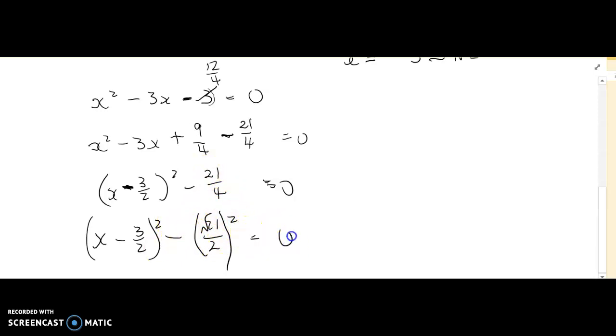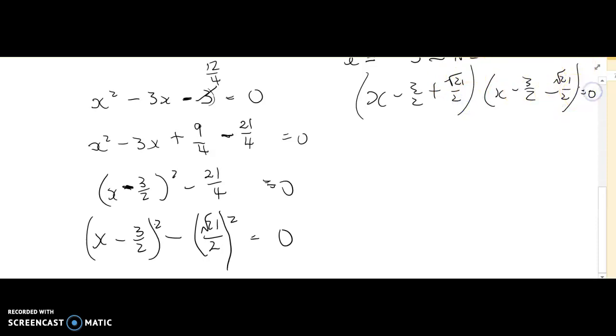We now have the difference of perfect squares. So we have x minus 3 on 2 as our first part of the brackets, and the other one is the plus or minus root 21 on 2.